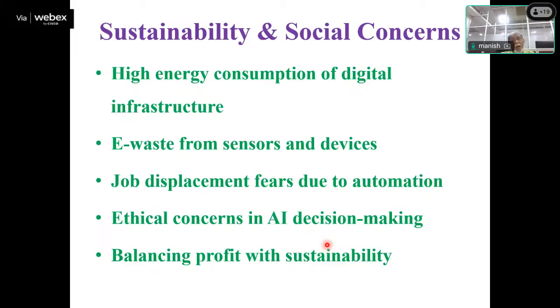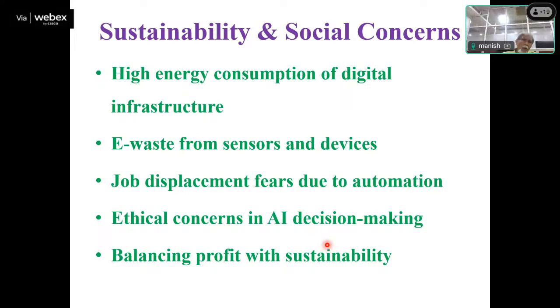Because so long as the entire energy supply is not from non-conventional or renewable sources, any advancement in technology will automatically be equivalent to greater emission of carbon dioxide, the greenhouse gas, and quite obviously that goes against the protocol of carbon usage. So it is important that energy consumption has to be minimum.